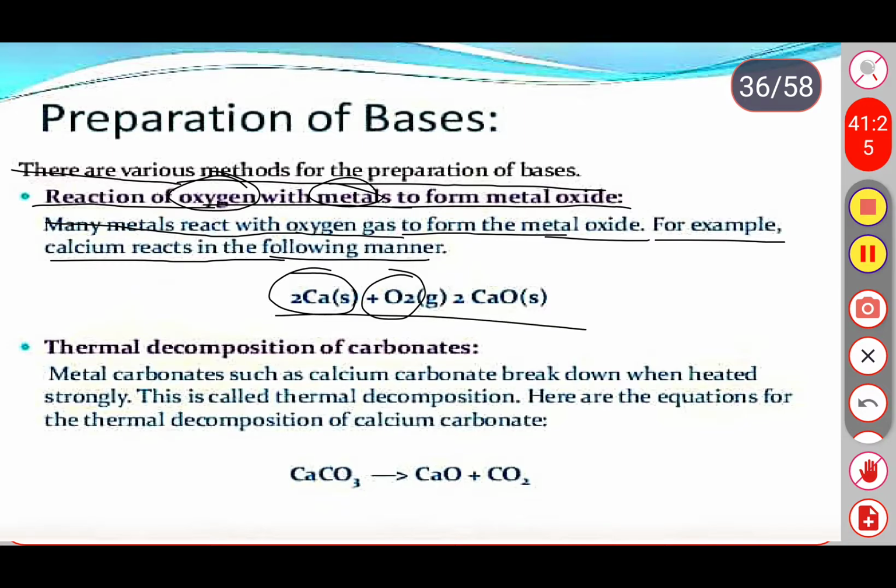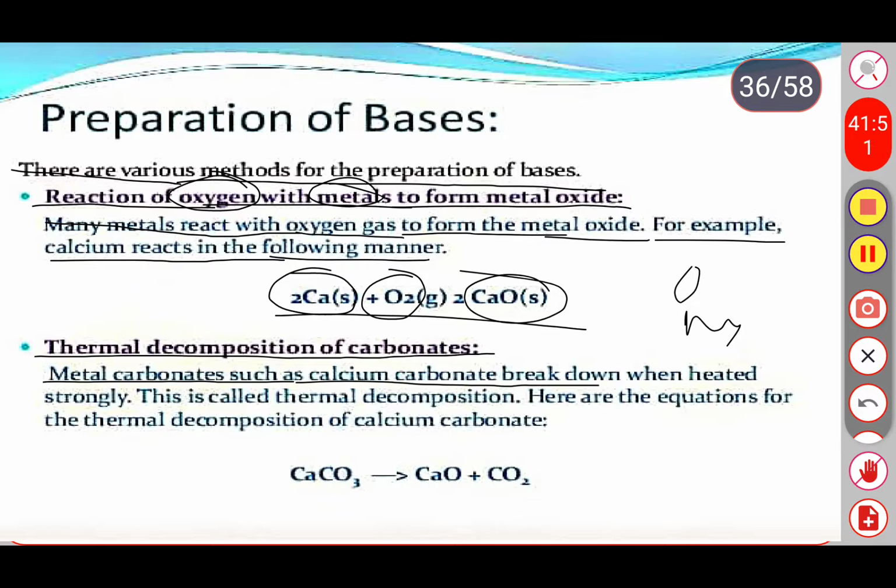We already considered metal oxides as among the best examples of bases, whether oxides or hydroxides. So next one is thermal decomposition of carbonates. Metal carbonates such as calcium carbonate break down when heated strongly. This is called thermal decomposition.